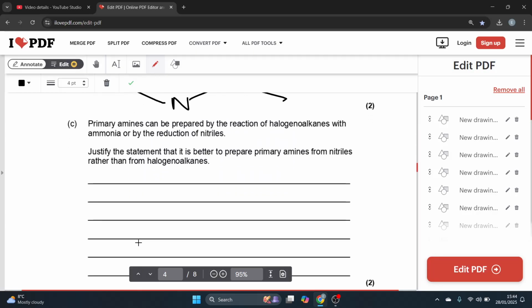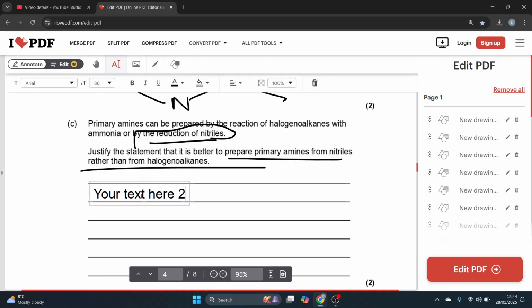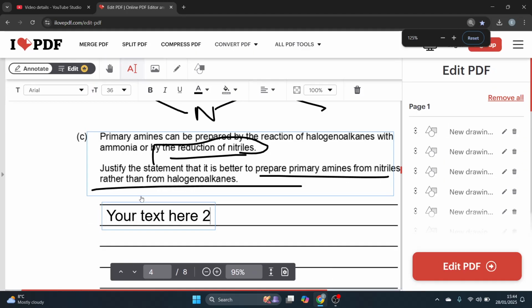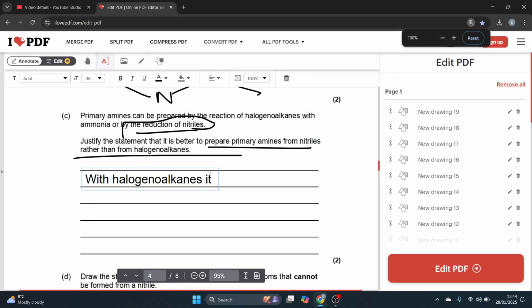Primary amines can be prepared by the reaction of halogenoalkanes with ammonia or by the reduction of nitriles. Justify the statement that it's better to prepare primary amines from nitriles rather than from halogenoalkanes. Let's see how many marks it is first. That's going to play a big part. It's 2 marks.